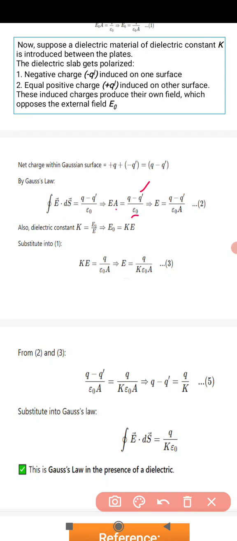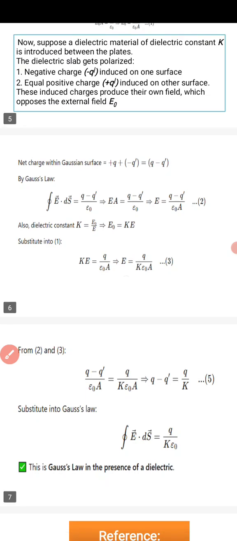A comes to the right side and becomes the denominator term. We get the electric field E equals Q minus Q dash divided by epsilon naught into A. We call this equation 2. Also, we know the dielectric constant K equals E naught divided by E, so E naught equals K into E.